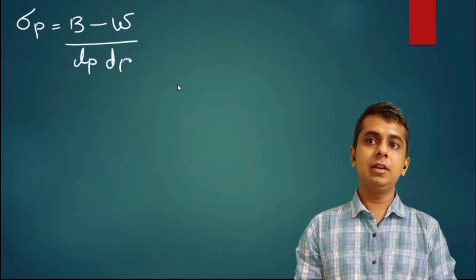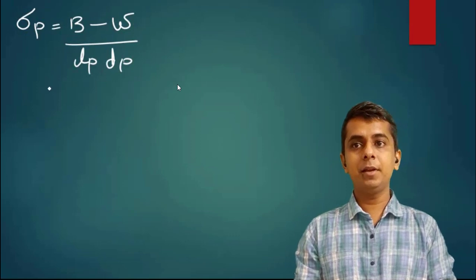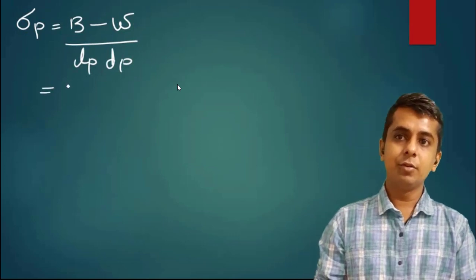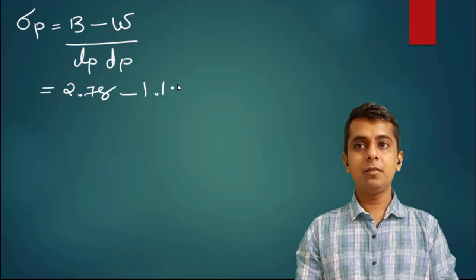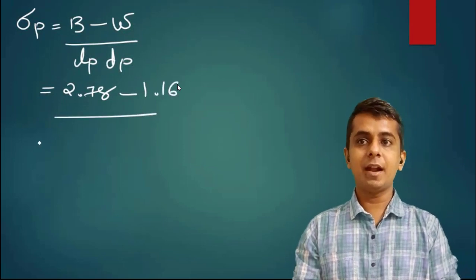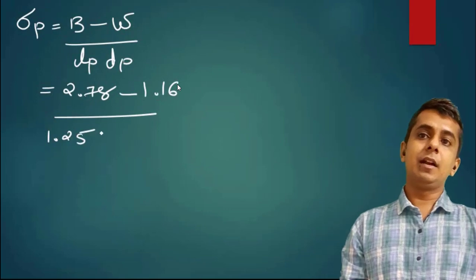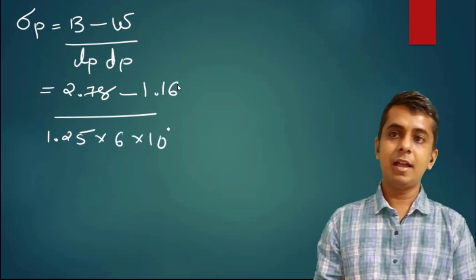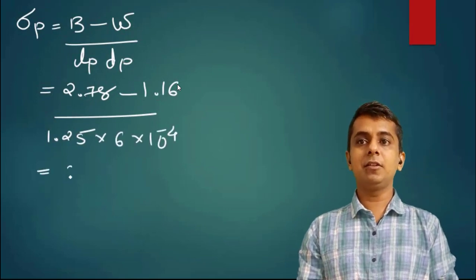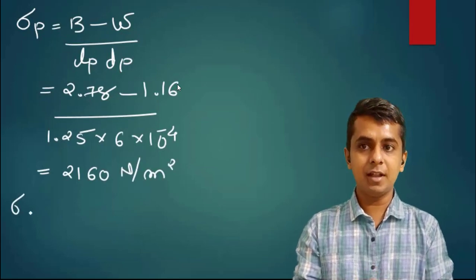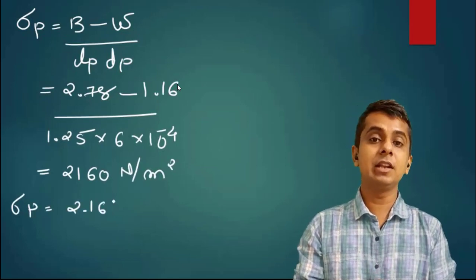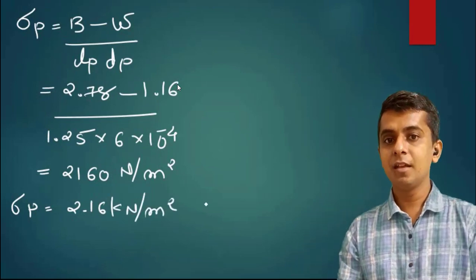After calculating the buoyancy force and weight force, you can get the stress. Here the area is LP into dP. With 2.78 Newton as the buoyancy force, 1.16 Newton as the weight force, print length 1.25 centimeter, and print diameter 6 centimeter, you get the stress as 2.16 kilonewton per meter square.